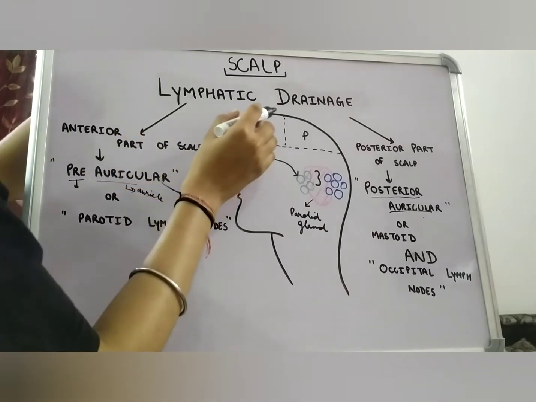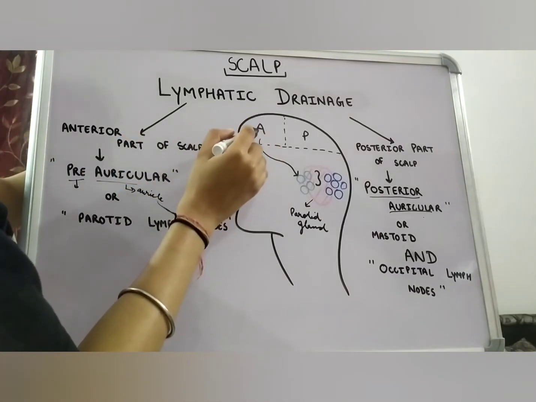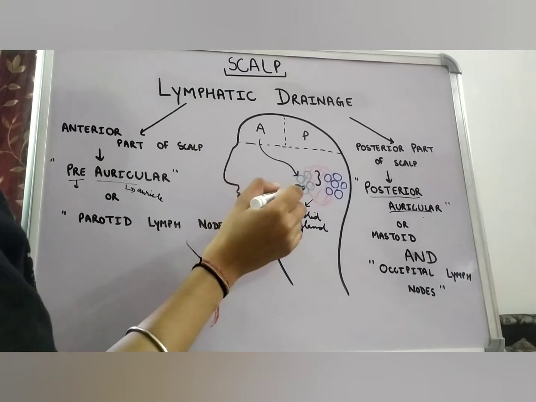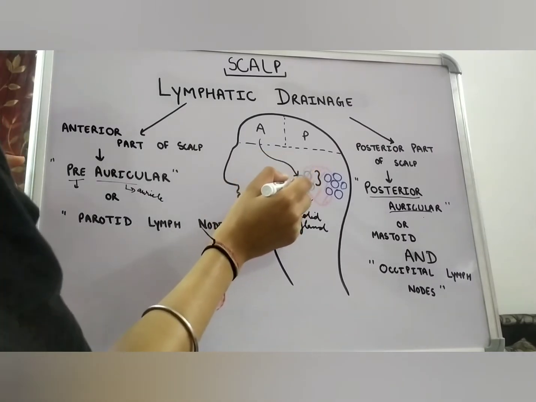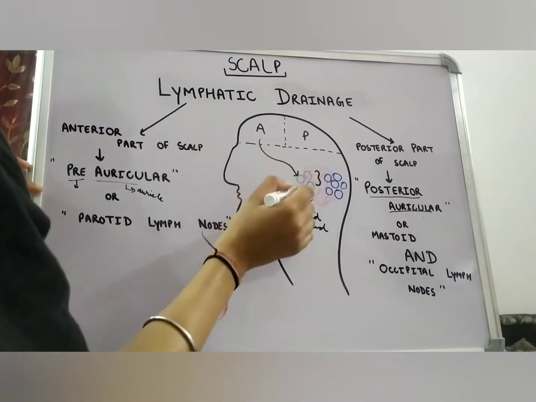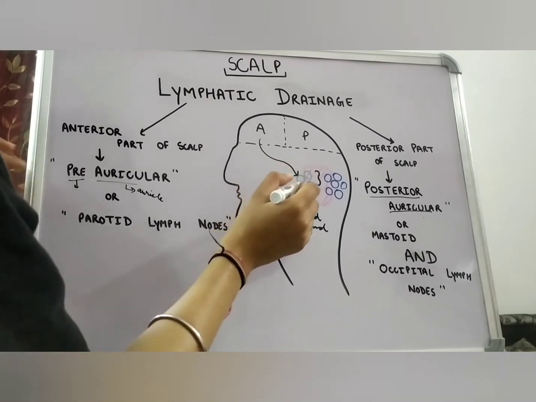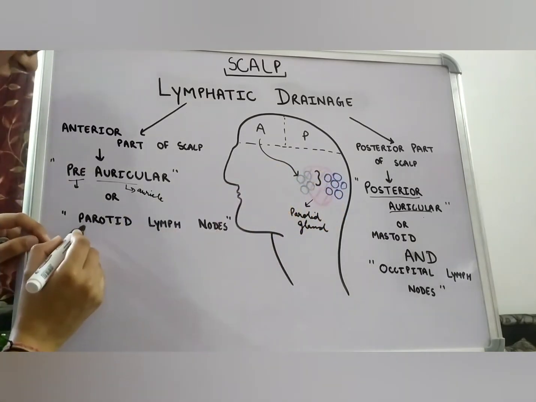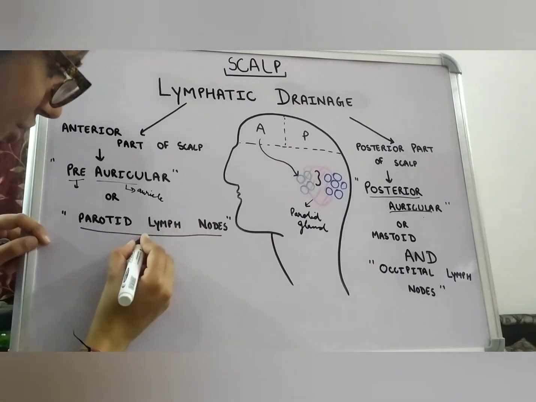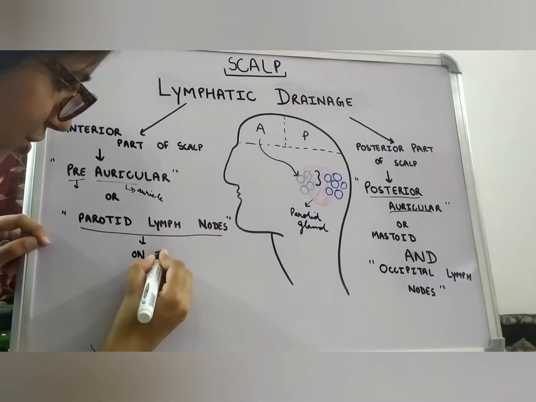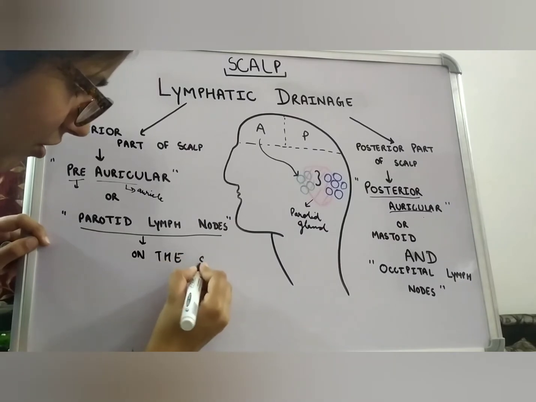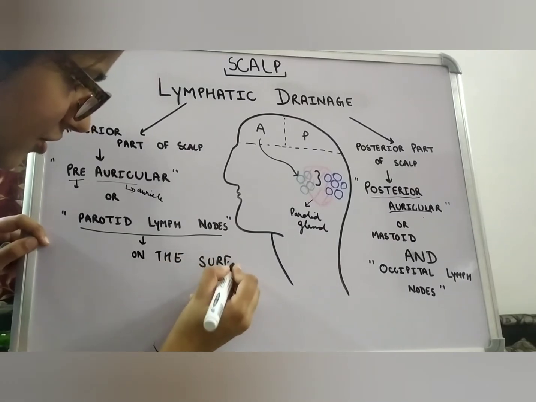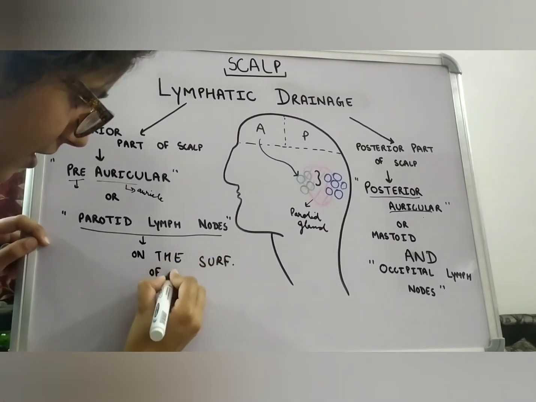That is, the lymph from the anterior part of the scalp would drain into the pre-auricular group of lymph nodes. Also you can term it as the parotid group of lymph nodes, which are situated on the surface of the parotid.